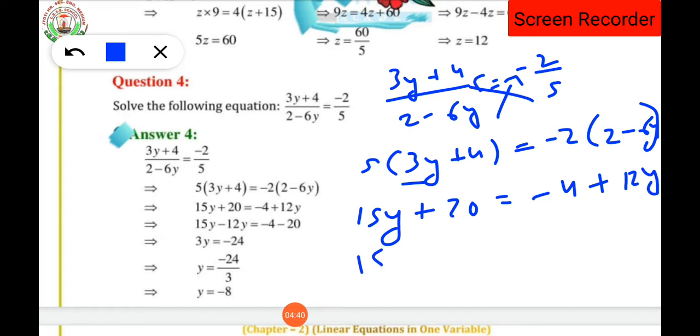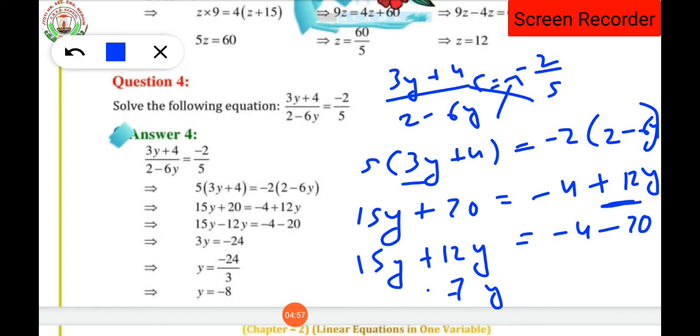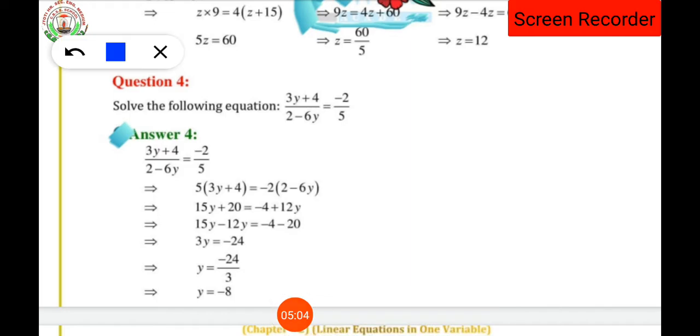Now transposing the y terms towards one side, 15y plus 12y is equal to minus 4 minus 20. Dear students, here it is 12y, isn't it? So here it will become minus 12y. Again I will write the question, that is 15y minus 12y is equal to minus 4 minus 20.